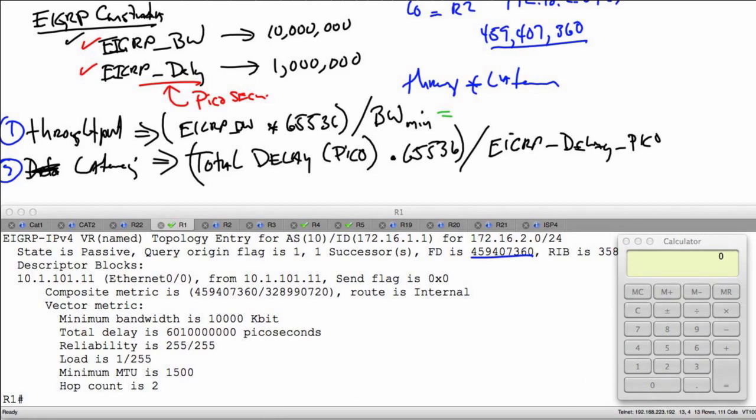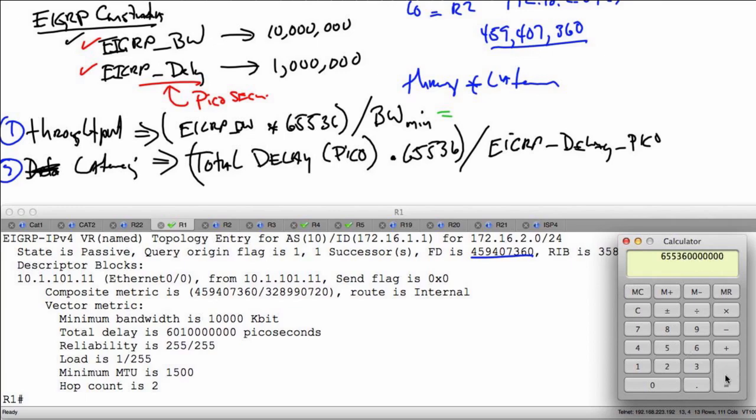For throughput, we're going to take our EIGRP bandwidth value, which is this value right here, our 10 million, and multiply that by 65536.